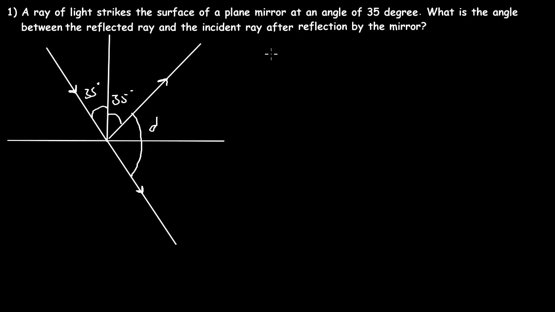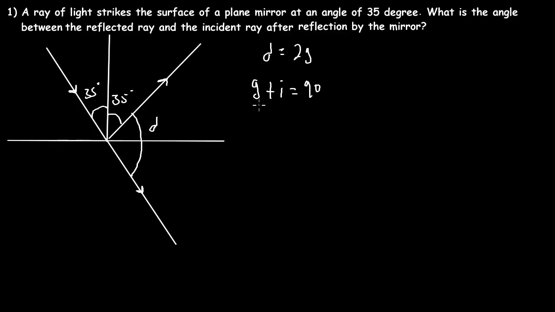Remember, earlier we said that D is equal to 2G, where G is simply the glancing angle. So typically, to get G, we need to subtract 35 from 90, because G plus I is equal to 90. If you want to consider G plus R is equal to 90, regardless, you are still doing the same thing.